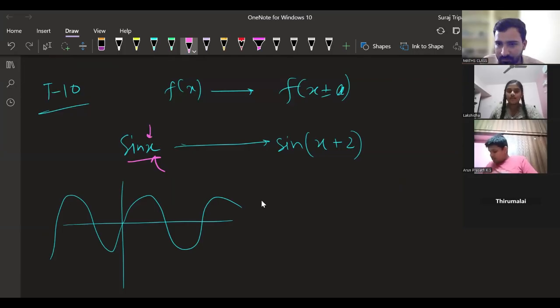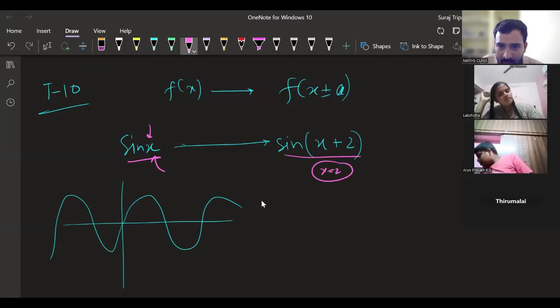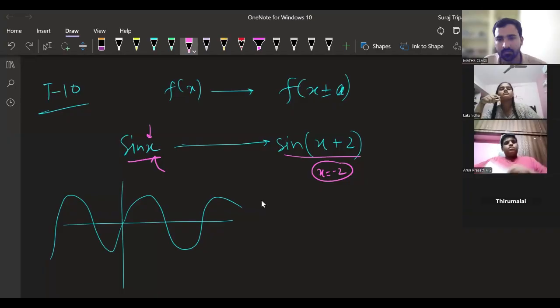So if I put x equals 0, we get sin 0, which is 0. Again, if I put x equals minus 2, then we will get sin 0, which is 0.